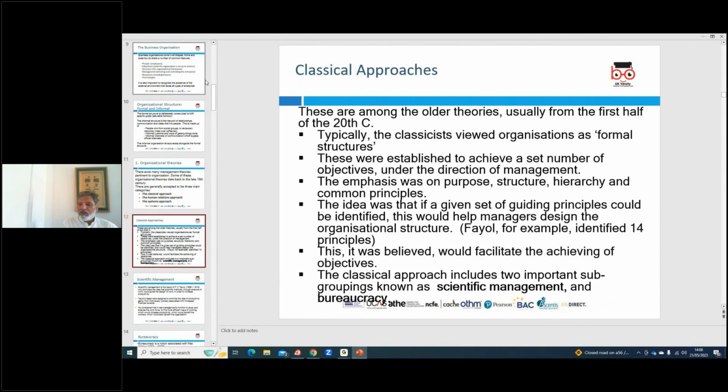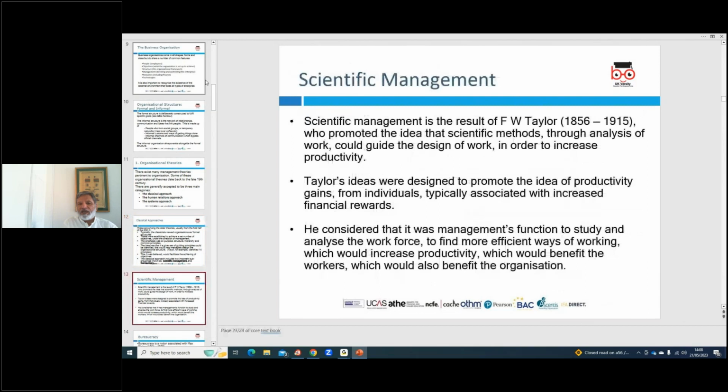Okay. So the classical approaches are, number one, scientific management and bureaucratic management. So let's look at scientific management. Basically, this theory emerged between 1856 and 1950 by F.W. Taylor, which is Frederick Winslow Taylor, who was an engineer.